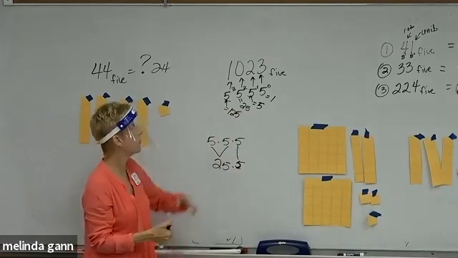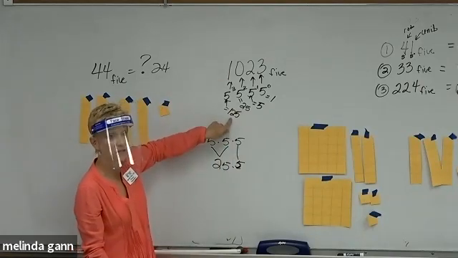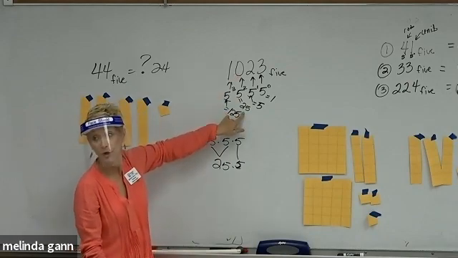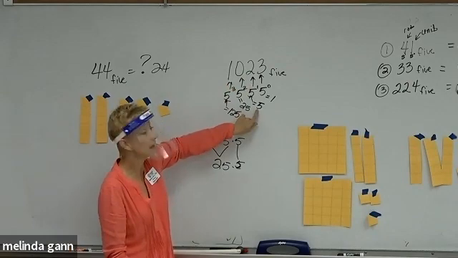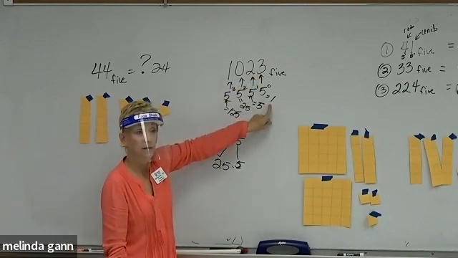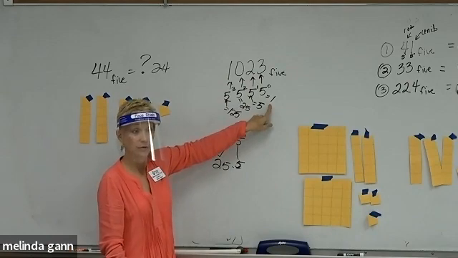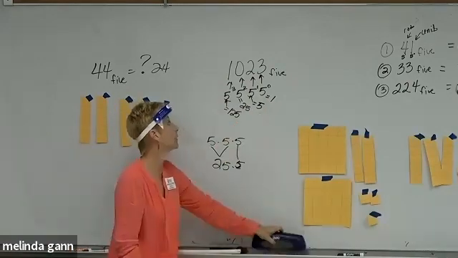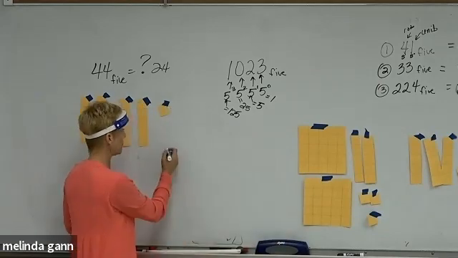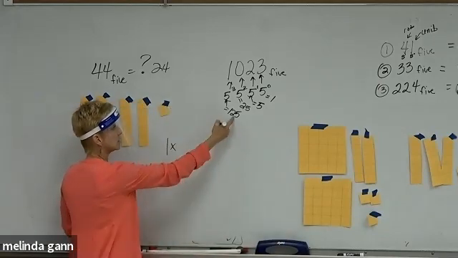So I would have 1 of these. I would have none of those. I would have 2 of these. And I would have 3 of what? Of those. So how would I figure out what number that would be? I have 1 what?